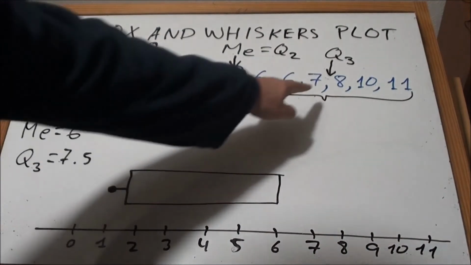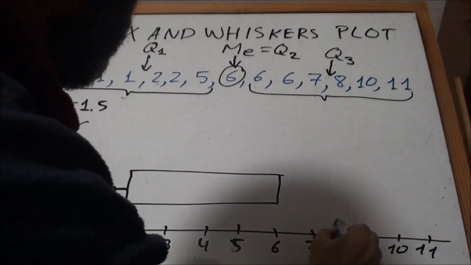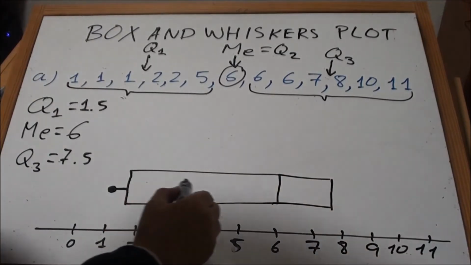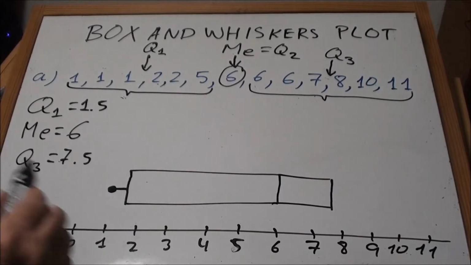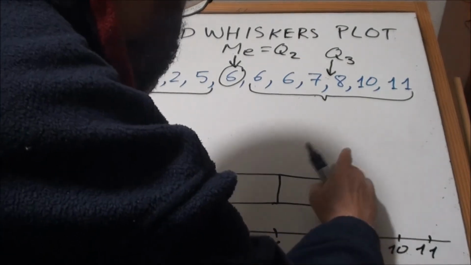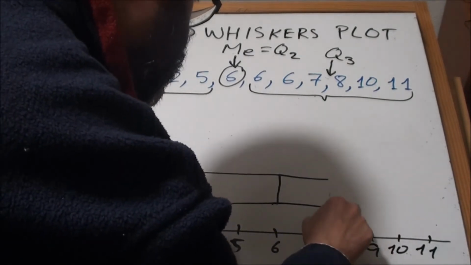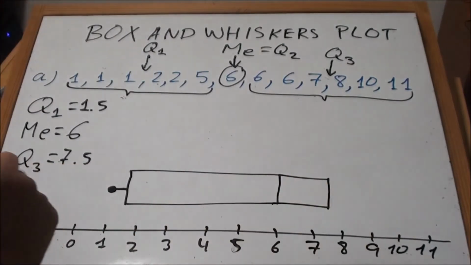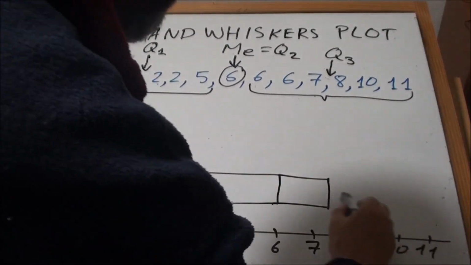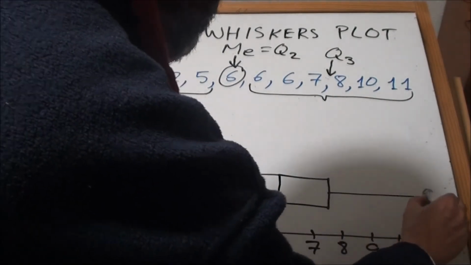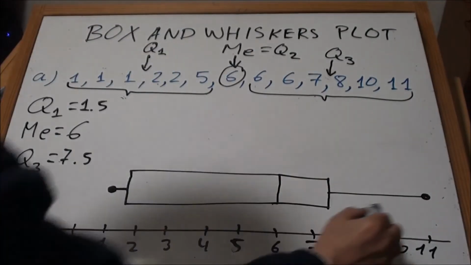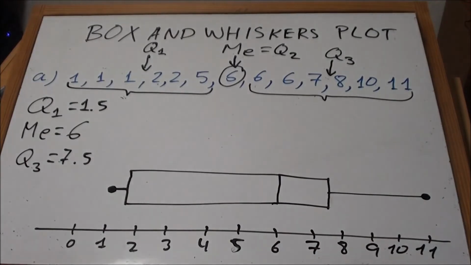Now it goes to the third quartile, which is 7.5. It would be here, more or less. That is the second half of the box. And now it goes all the way up to the maximum, the greatest number, which is 11. So let's continue that to 11, and that is the box and whiskers.